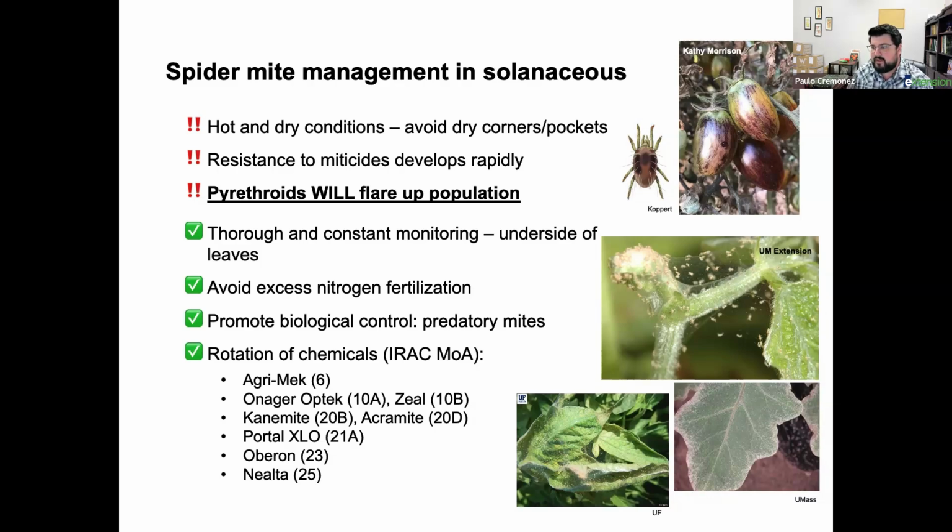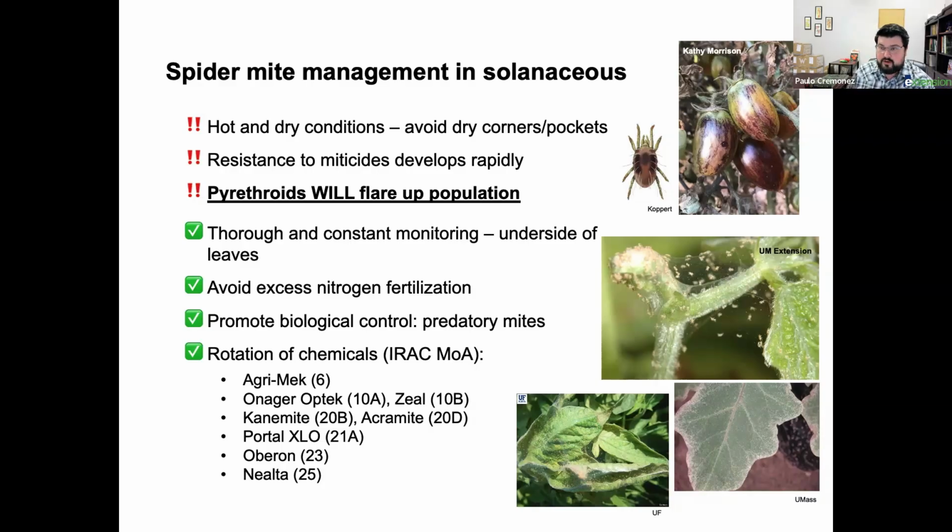of this pest here. Thorough and constant monitoring is important, so check underside of leaves. This is usually the same recommendation for micropests, the sucking mouth part micropests. Excess nitrogen fertilization can also be one of the reasons we have an outbreak of spider mites.